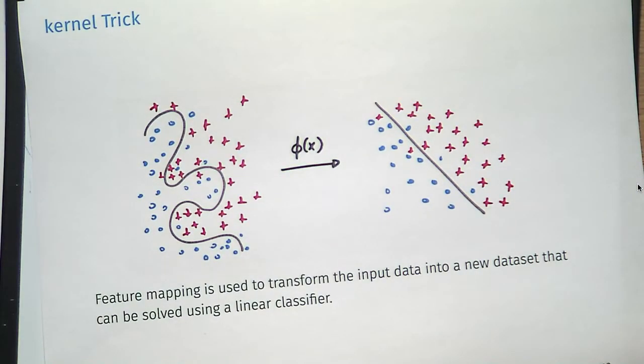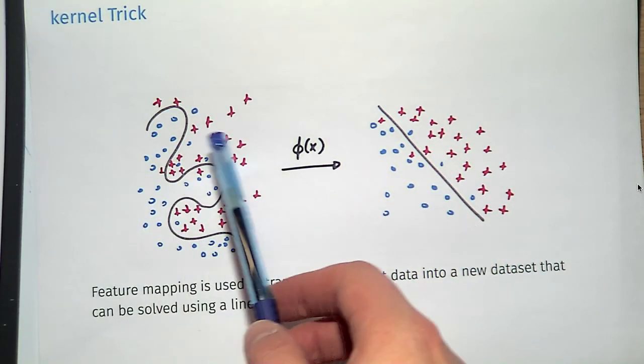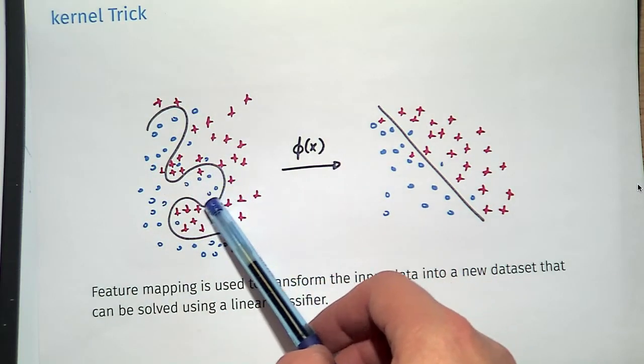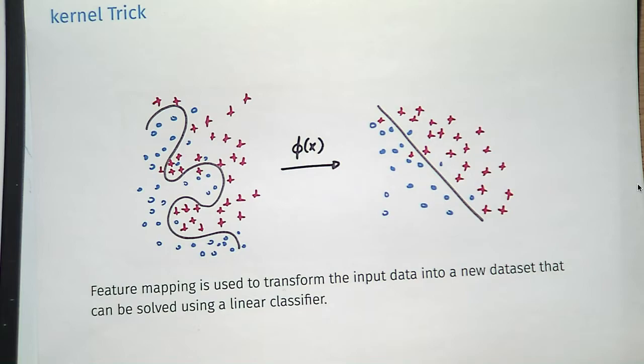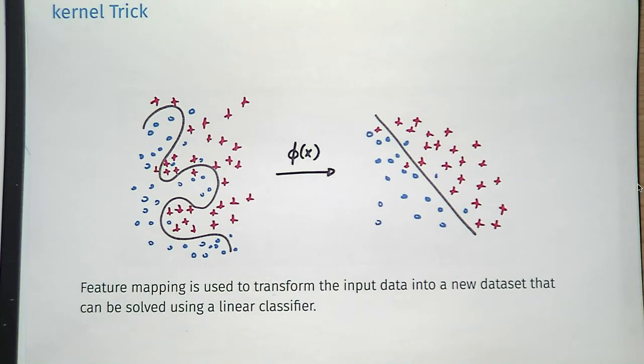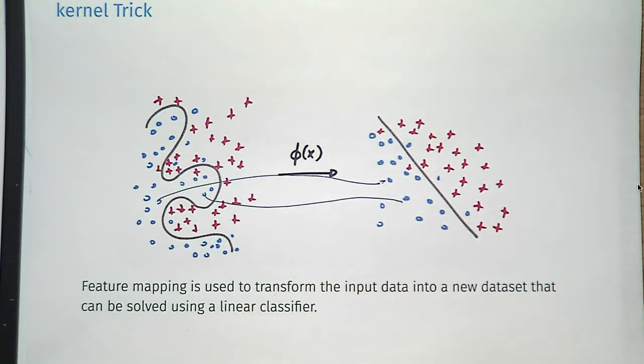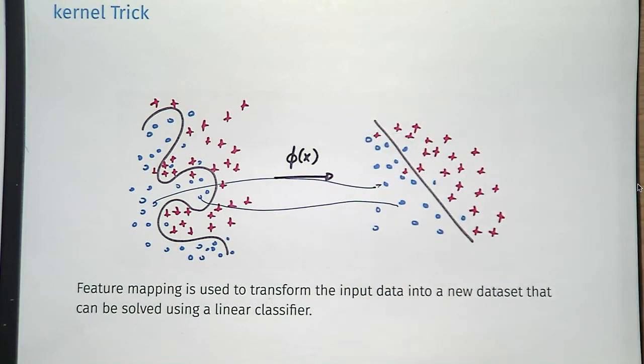The idea was to say, on the left is my real problem as I collected it. So these are the features I collected, and the class separation here is a bit hard, okay? So it's not a straight line. But somehow, if I find the right set, so maybe not a polynomial, but maybe a list of cosines and sines, or maybe any other function I can come up with, then I will warp that space and map each of these points to a new location in such a way that now the separation between the two classes is just a simple linear problem, okay?